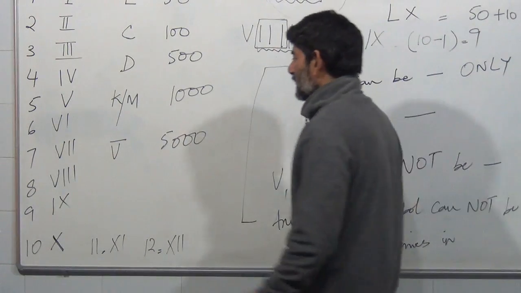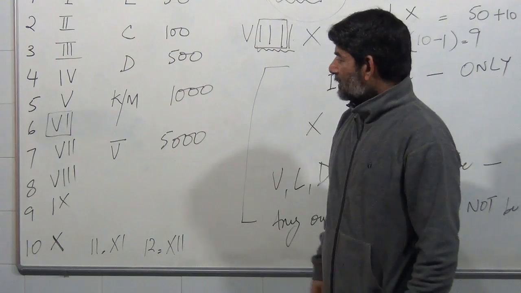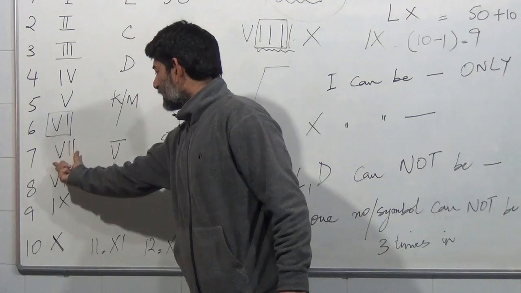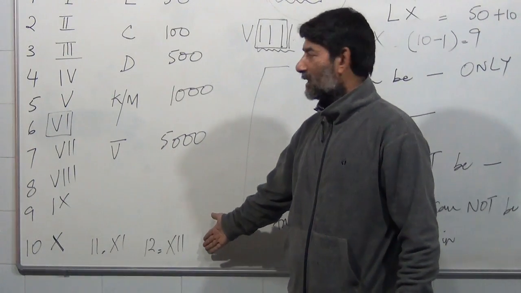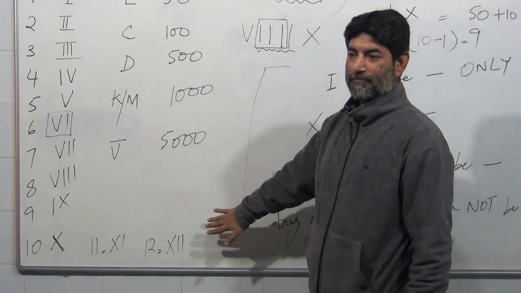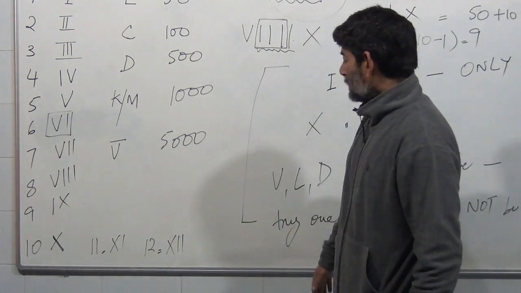For example, you are in class 6 and class 6 is signified by this. So outside your classroom, you do have the symbol which says you are in class 6. In the same way, the 7th, 8th, 9th, 10th, 11th, 12th, and your school has classes till class 12. So you have seen these numbers in and out of classrooms. So you are familiar with this. You carry on from here.